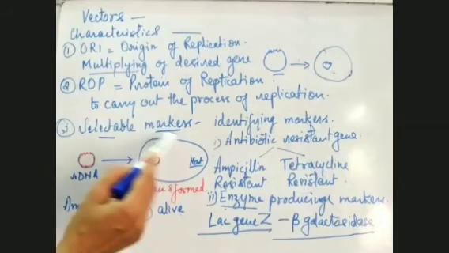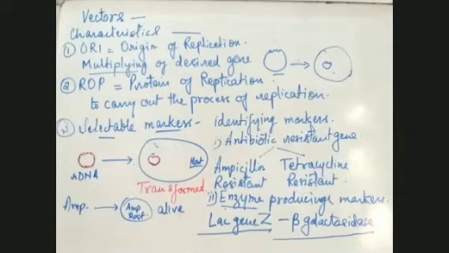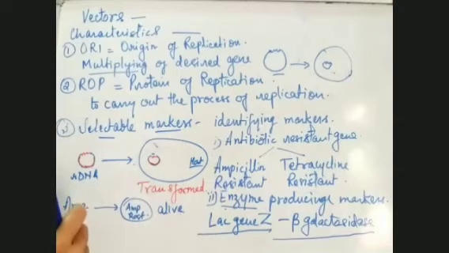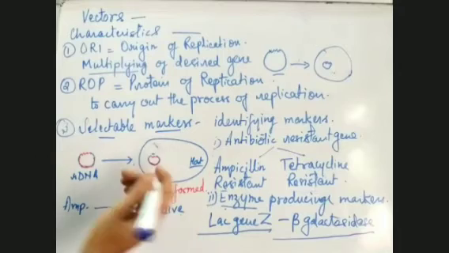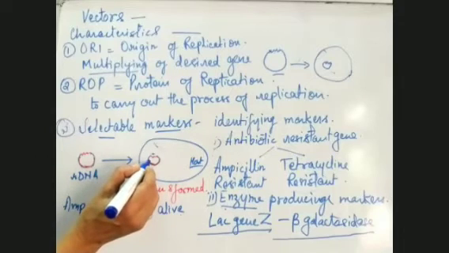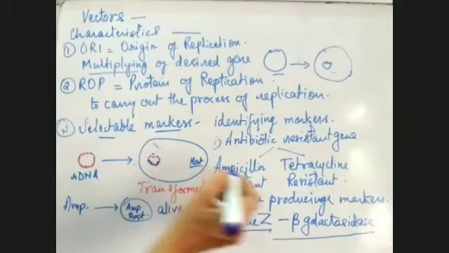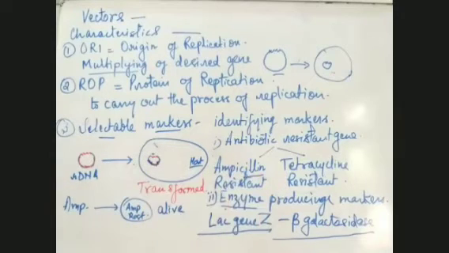If the vector carrying our desired gene has ampicillin resistance, then if this bacteria is treated with antibiotic ampicillin, it will not die, because it has the marker which is ampicillin resistance.